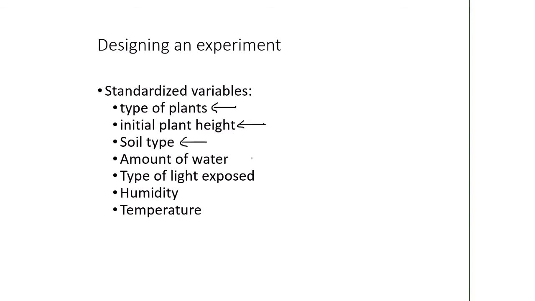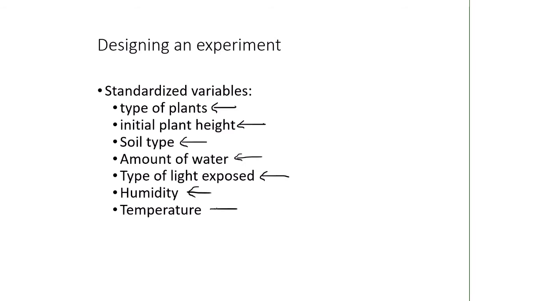We want them to be in the same soil. We're going to give them the same amount of water. We want to perhaps control the type of light exposure, right? We want to either expose them both to sunlight, right? Or in this case, because we're trying to expose one to 12 hours of sunlight, it might be harder to control that way. So maybe we want to use like an indoor plant light, right?